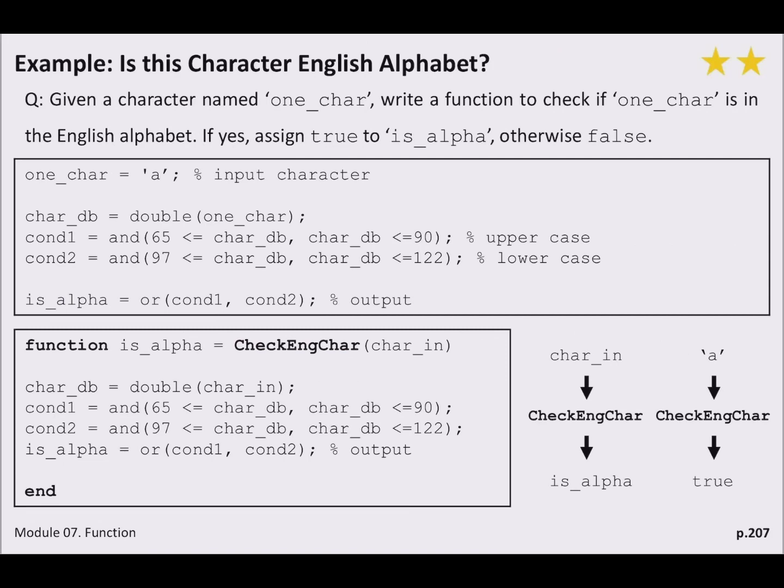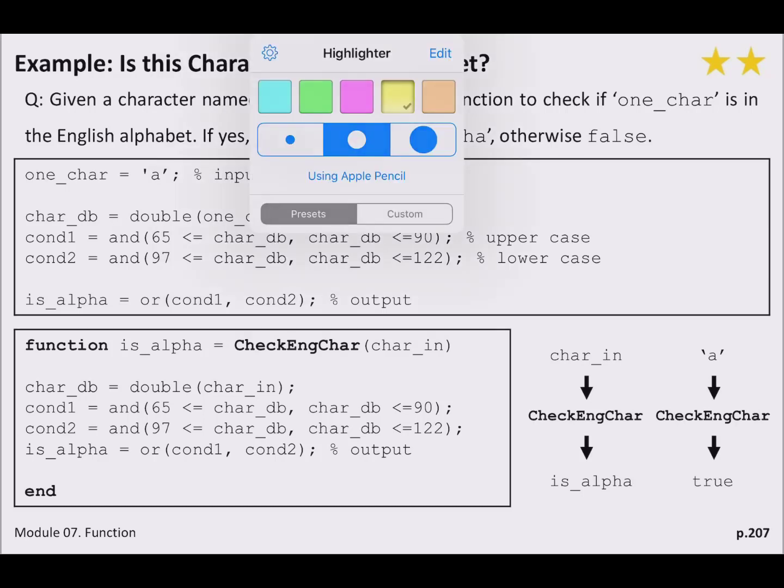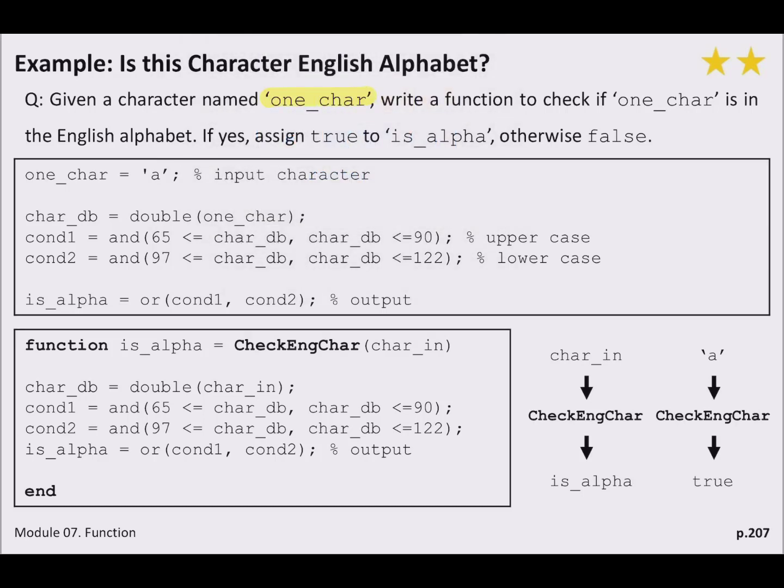Okay, let's see a more complex example. Given a character vector named one character, write a function to check if one character is in the English alphabet.